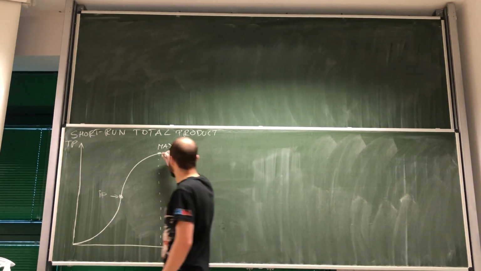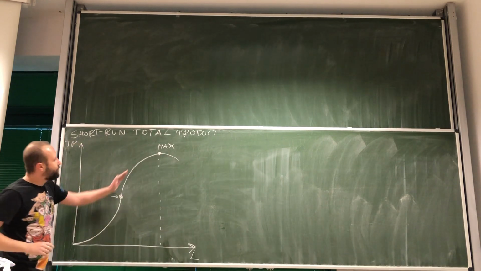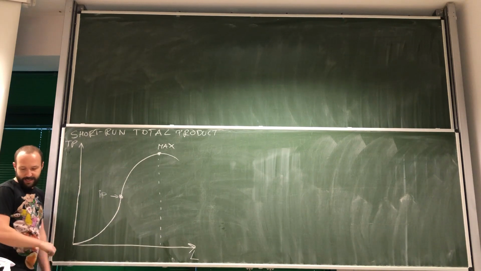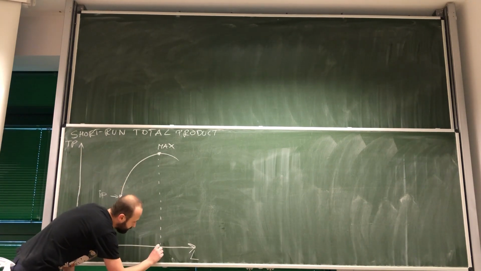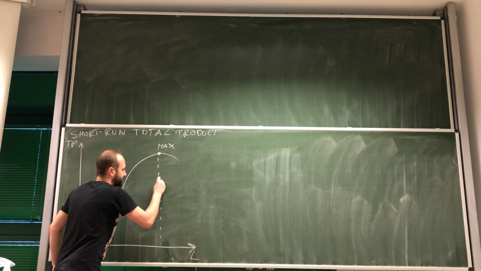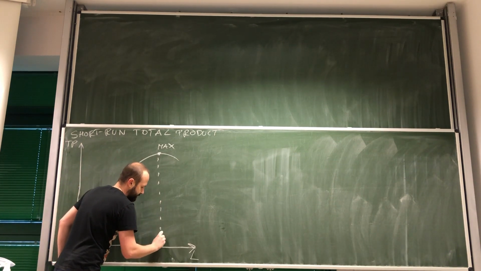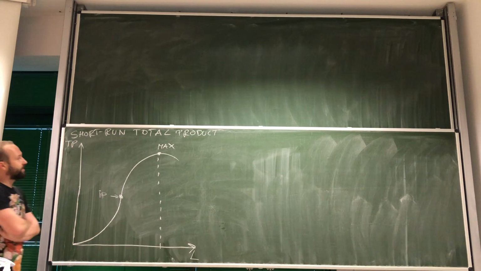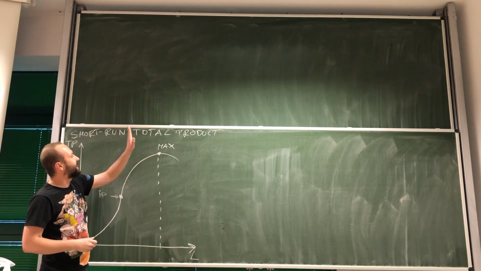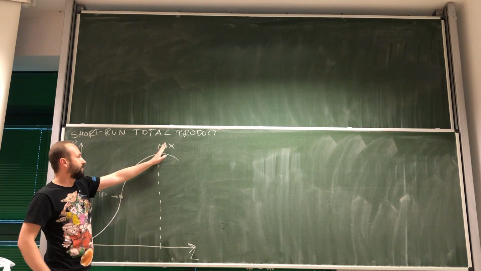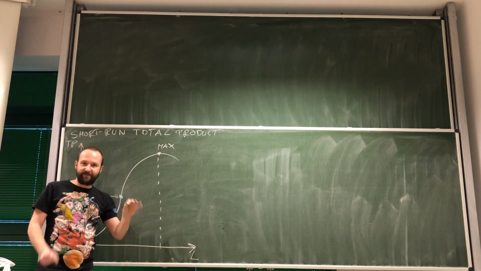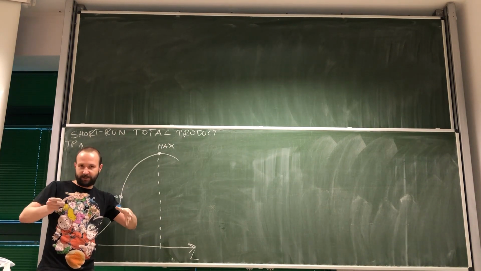Now, at some point, we get a number of workers, let's not name it at this moment, we will do it later, at which we achieve the maximum level of production this company can attain, given the amount of capital, of course.